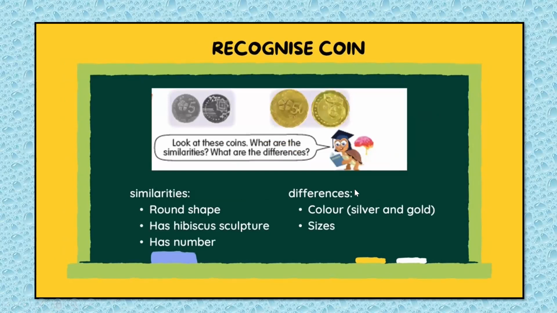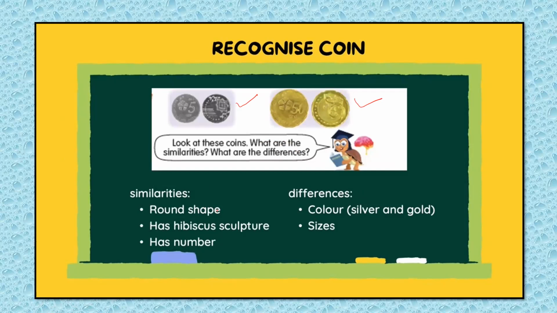Now, when you look at page 12, at the bottom of the page, they give you one question. Look at these coins. What are the similarities? What are the differences? When we compare 5 cent and 50 cent, teacher has listed down some similarities here.